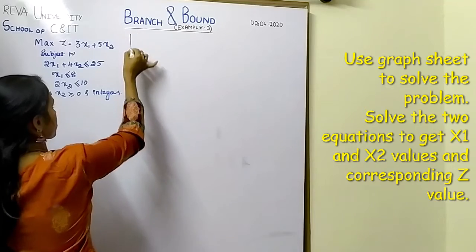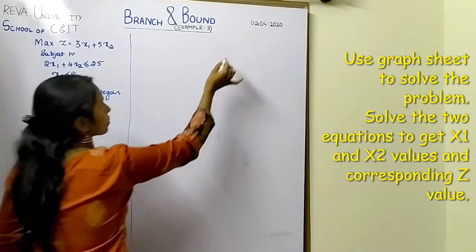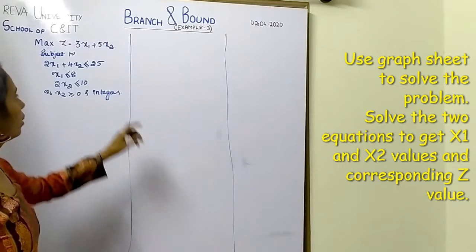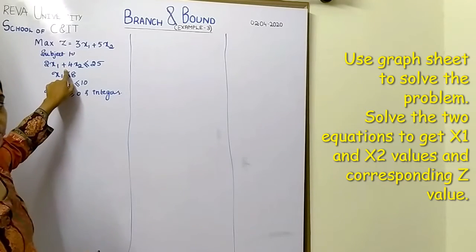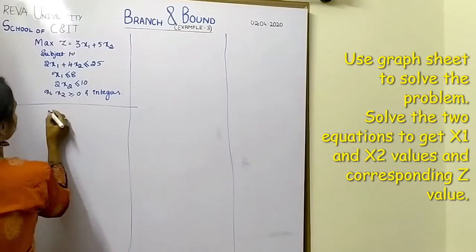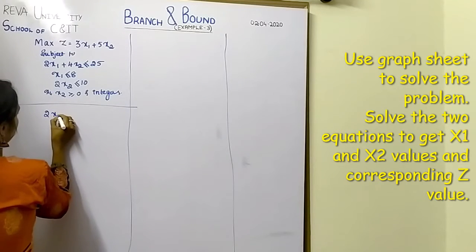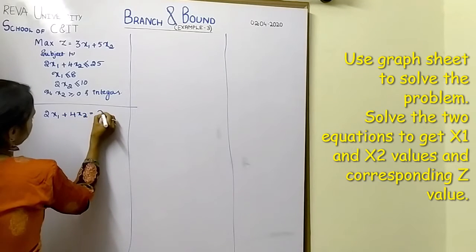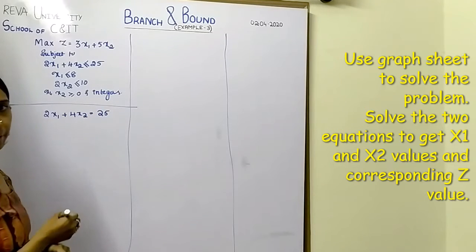As we used to do, I'll divide this into 3 partitions. Now first I'll solve the first constraint, 2x1 plus 4x2 is equal to 25.